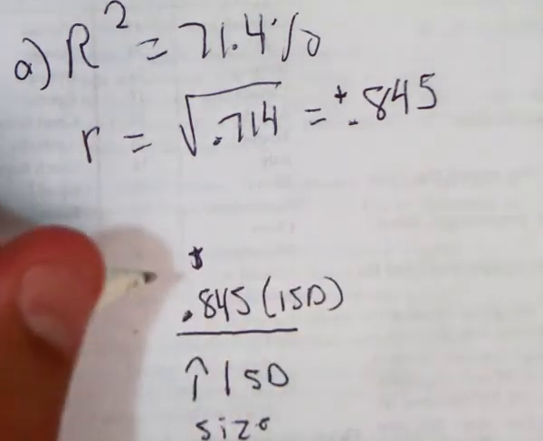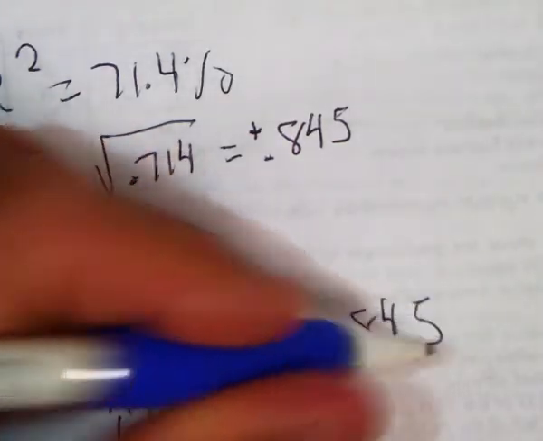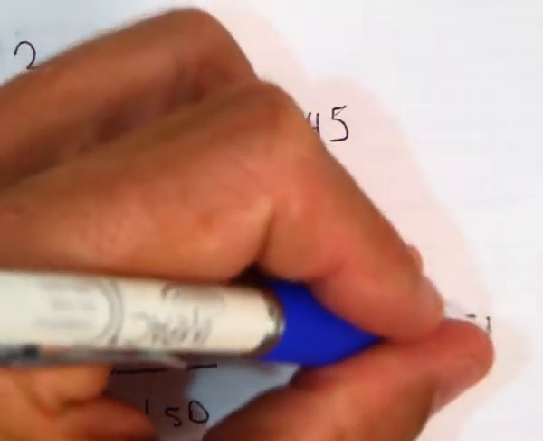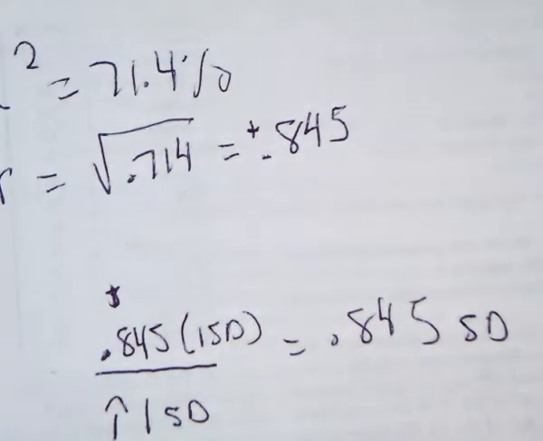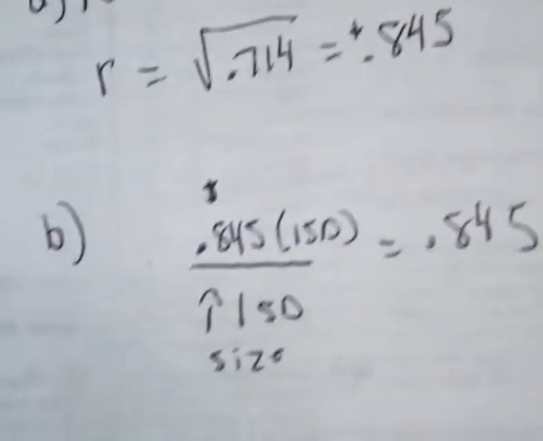Well, 0.845 times 1 is 0.845. So we would expect the price to be 0.845 standard deviations above the mean if the size was 1 standard deviation above the mean.